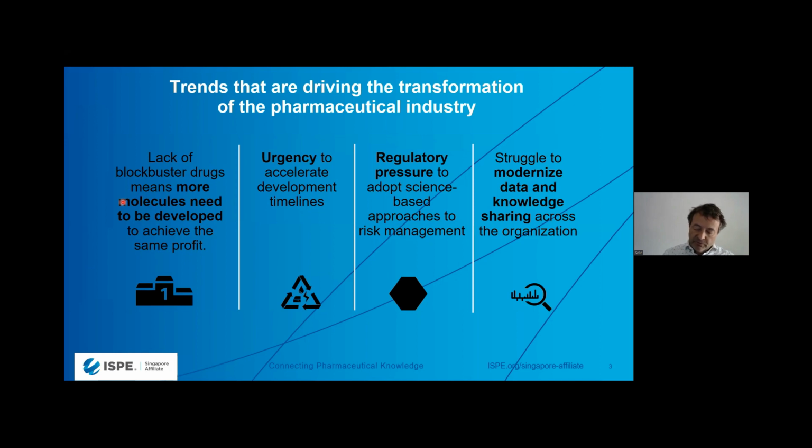A number of trends are important for this talk. One of the drivers for all pharmaceutical companies to use mechanistic models, physical science-based models, is that there are fewer blockbusters, but if you want to generate the same revenue, you probably have to bring more products to market. And you need to be able to do that with fewer R&D resources, fewer tech transfer resources.